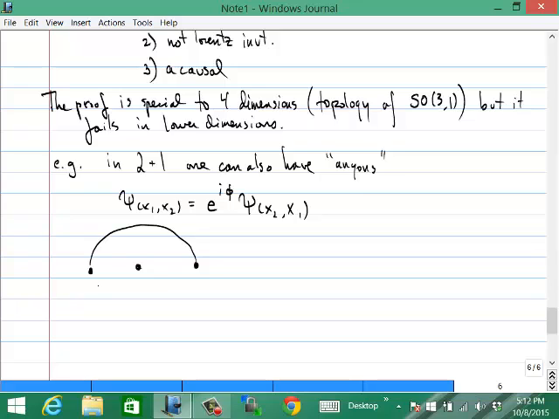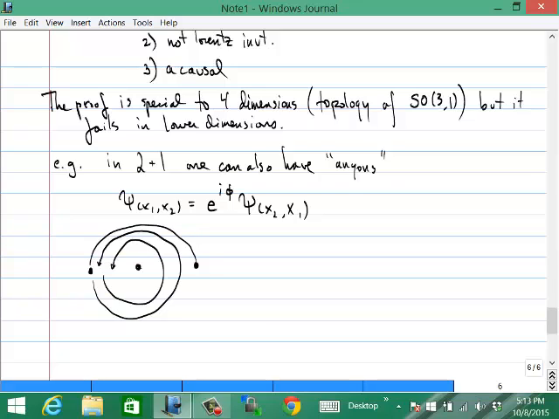And then you could imagine doing two rotations or three rotations or something like that. In two dimensions, the number of times you wind around is something that makes sense geometrically. But in higher dimensions, if you think about it, there's no way that two particles can wind around one another.